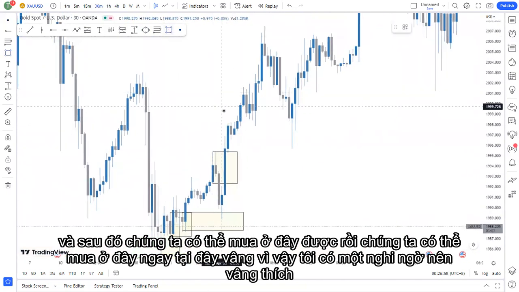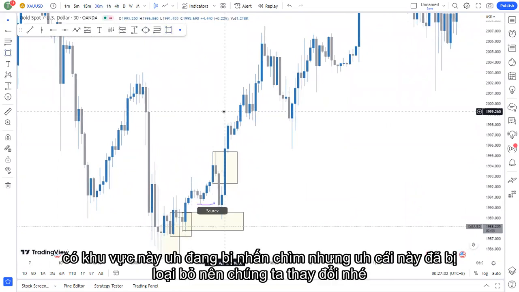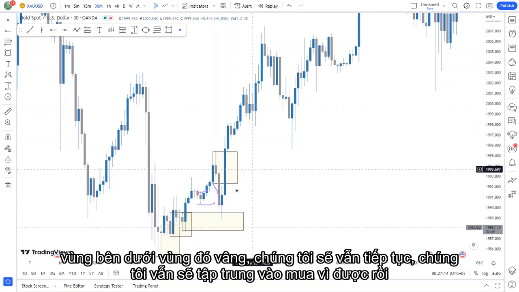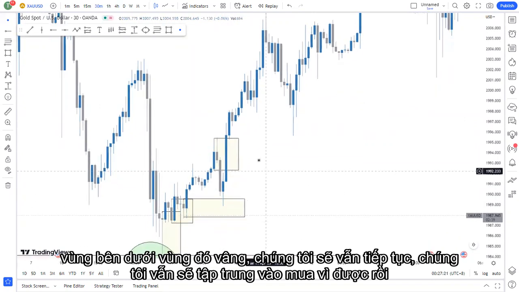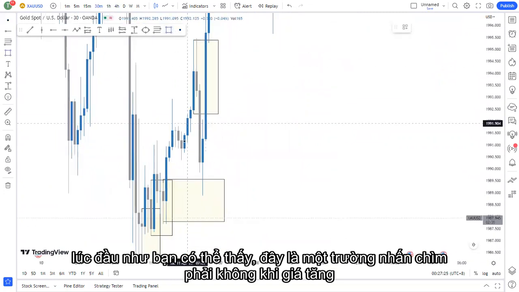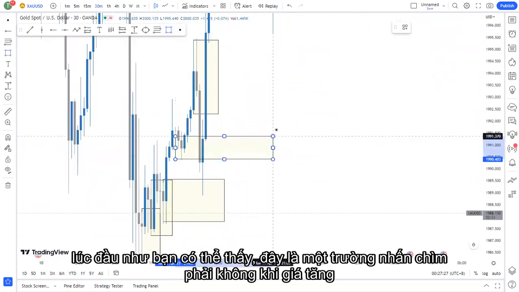So I had one doubt. Sure. Here, there is this zone which is engulfing, but this one got taken out. So do we change our bias? Do we think the price will go down, or do we still hold our trade because it is respecting the zone below that one? Yeah, we are still going to focus on buy. At first, as you can see, right here is an engulfing fill, right?